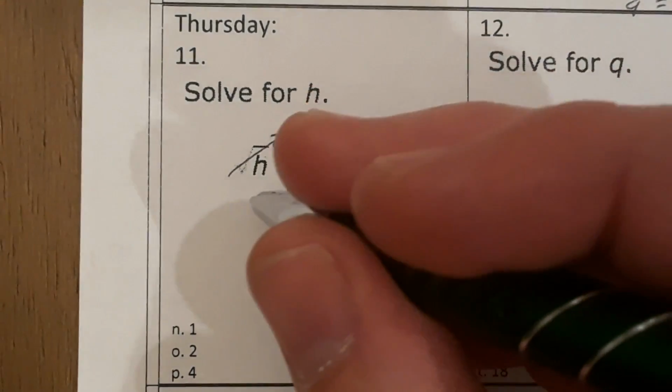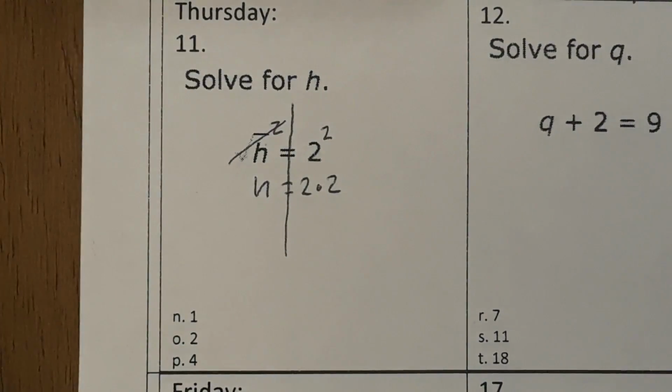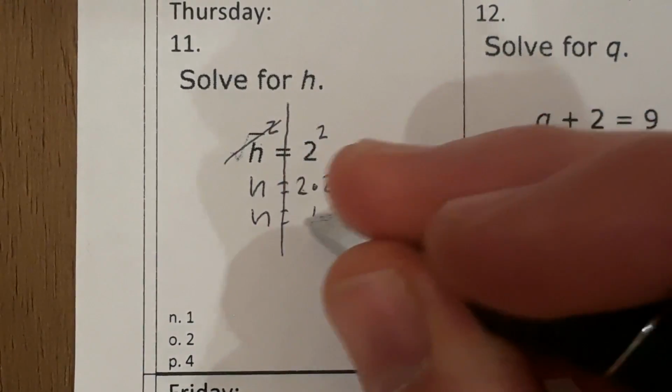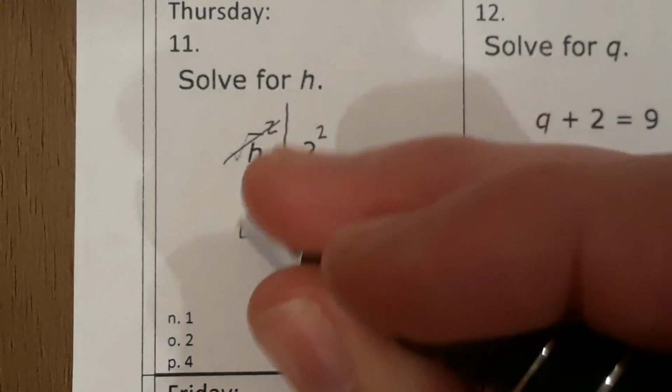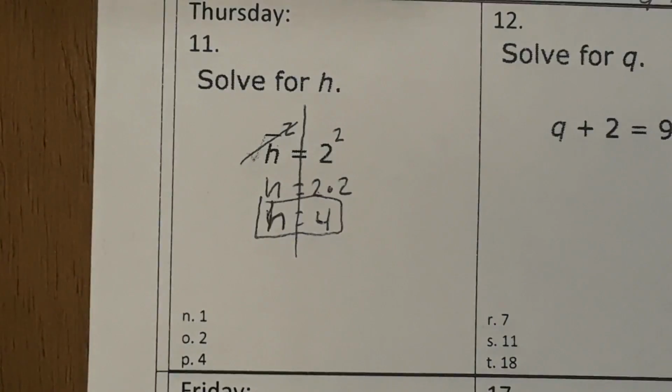Square root and squared is h equals 2 times 2. Well, that's not bad. h equals 2 times 2 is 4, so therefore h is equal to 4. That almost looks like an n, so I'm going to make it look more like an h. There we go. h equals 4.